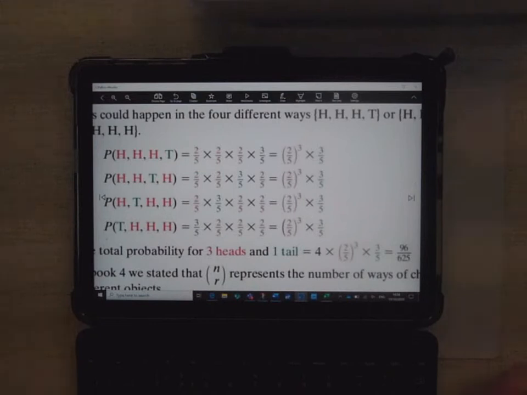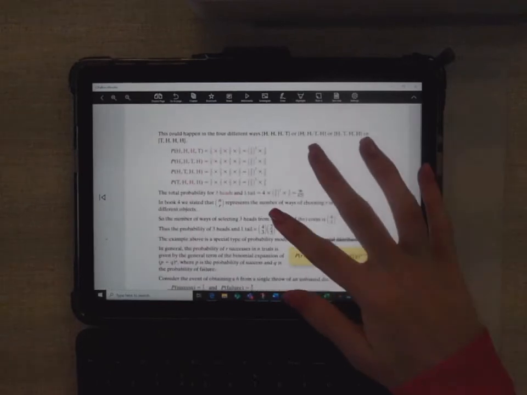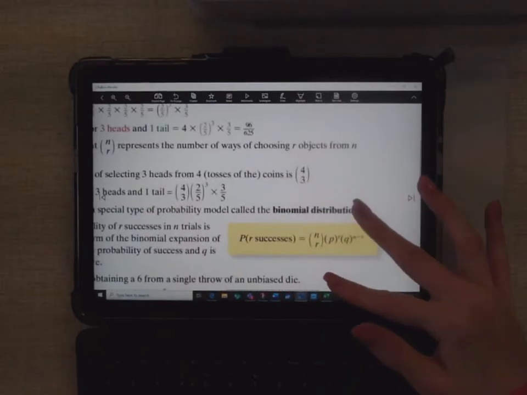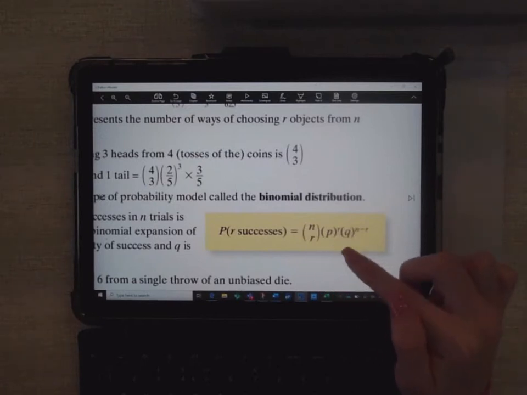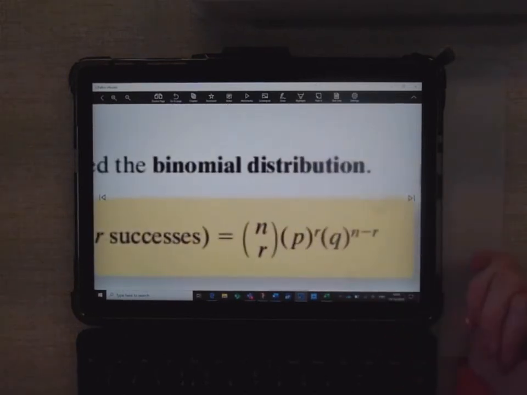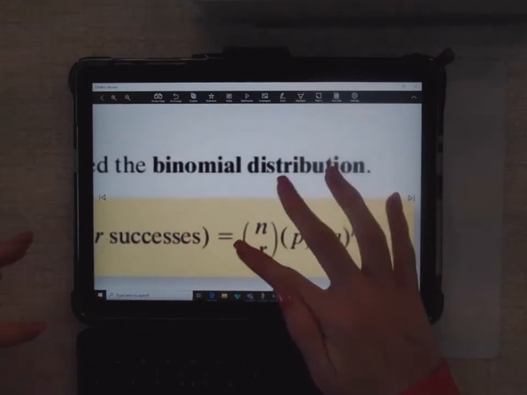So remember binomial distribution from algebra 1. Okay? This is it here. Okay? N choose r, p to the power of r, q to the power of n minus r. Okay? Now, this is sounding all very complicated. It's actually so easy in a question. So let's just put down our binomial formula.